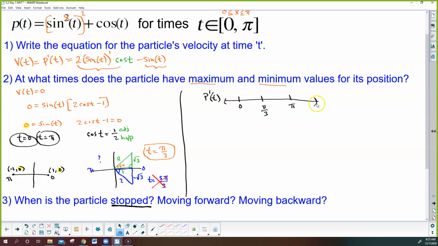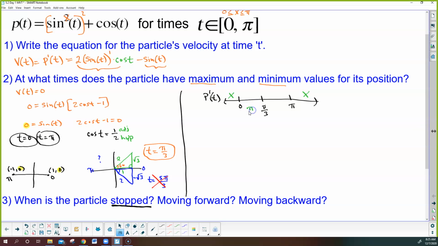These should go numerically increasing from left to right. So I'm going to check signs in between these values. Now notice, I don't have to check this value here because my interval starts at 0, and I don't have to check anything to the left of that either, but I will have to find the values of the endpoints at some point. So I'm just checking the points in between.